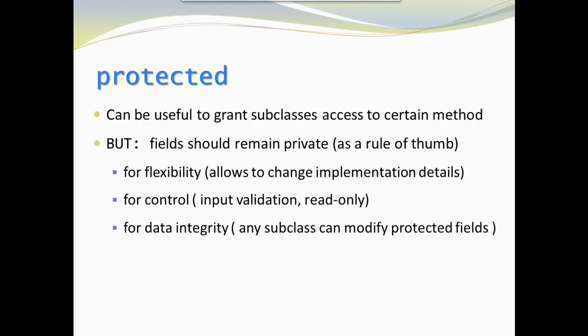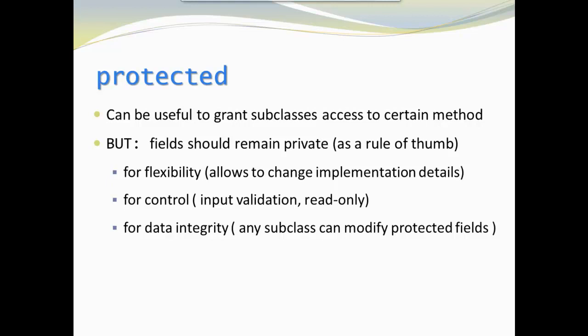The protected access modifier can be useful to grant subclasses access to certain methods. However, fields should remain private as a rule of thumb. This will give you flexibility to change your internal implementation later without affecting other people's code.